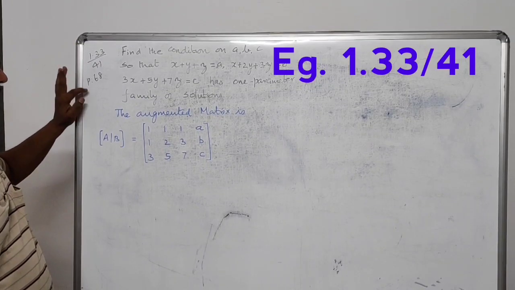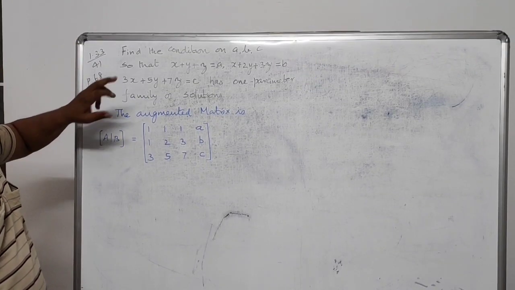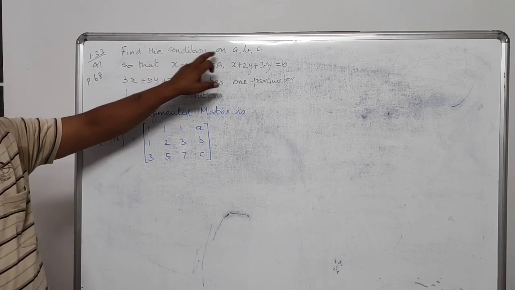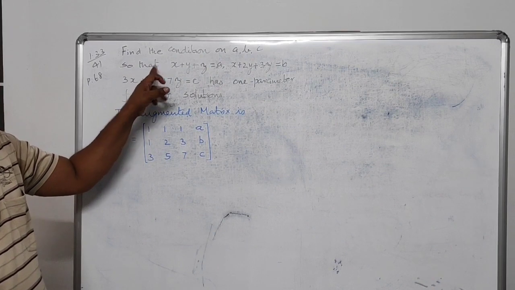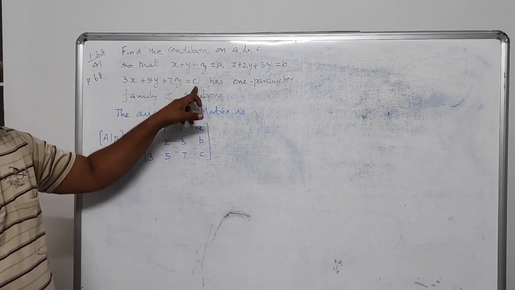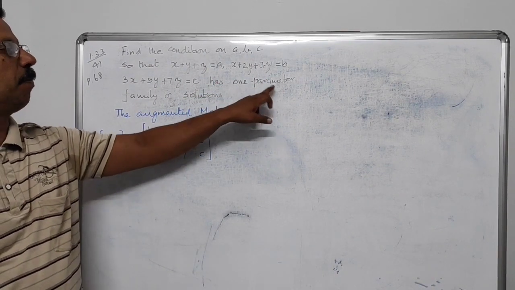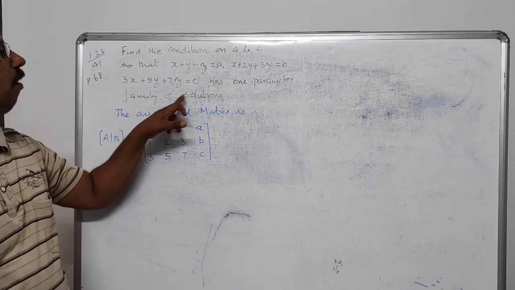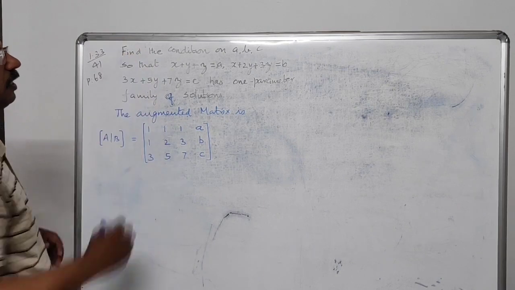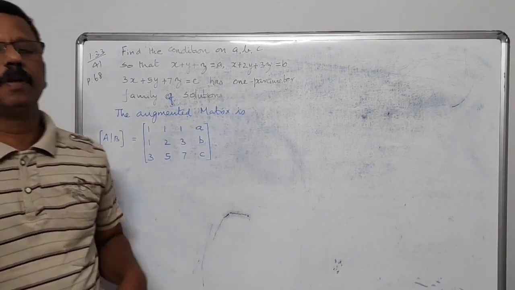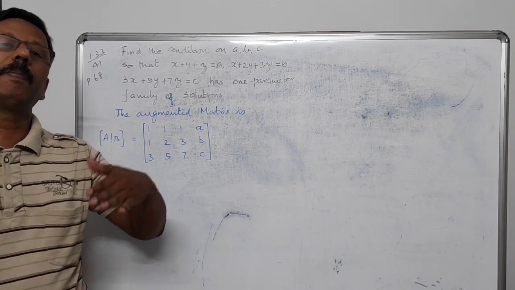Number 41 in our material, this is problem number 68. The question is: find the condition on these unknowns A, B and C so that these 3 equations have a one parameter family of solutions. See here, one parameter family means that we have to assign one parameter.